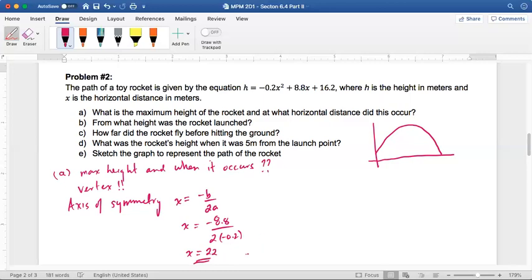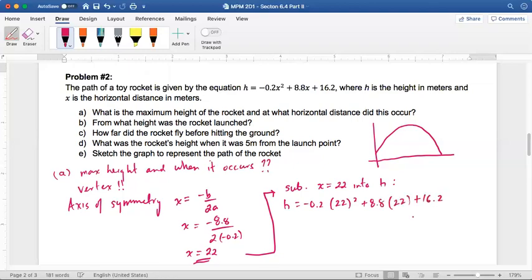Now we're going to sub that into our original equation. So x equals 22 into h. So we have h is equal to negative 0.2 times 22 squared plus 8.8 times 22 plus 16.2. And you can just feed that to your calculator, and eventually you will get 113 meters.